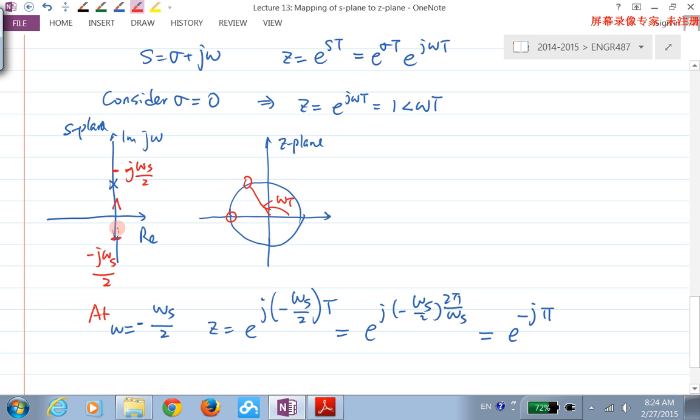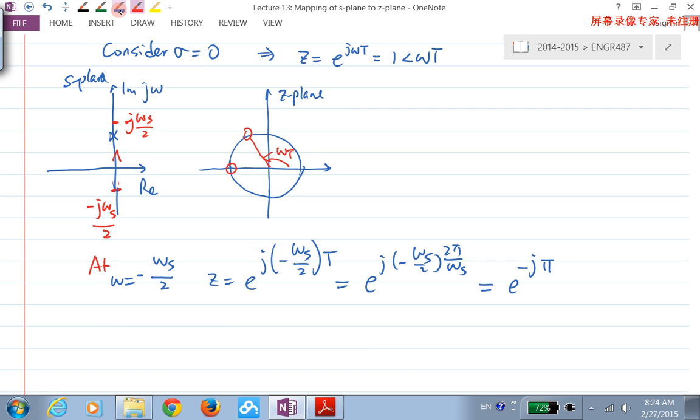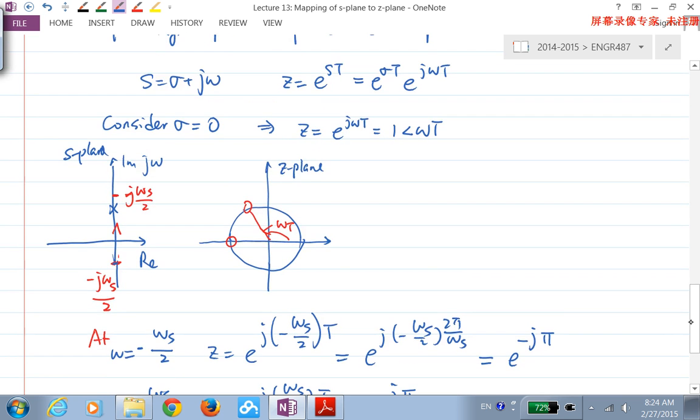Now let's move up until this location, where omega equals omega s over 2. Take a quick guess: where would that be? e to the power of j pi. And where is e to the power of j pi in the z plane? Same location, right?